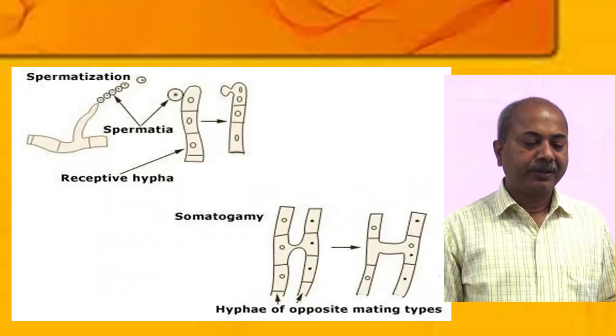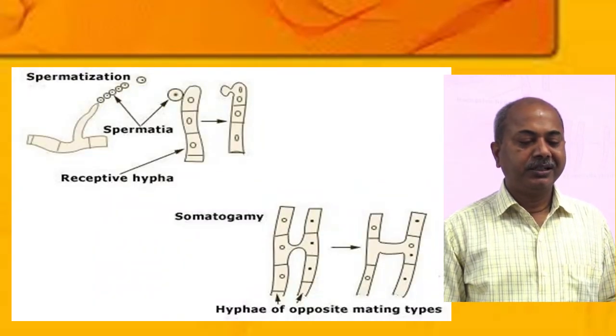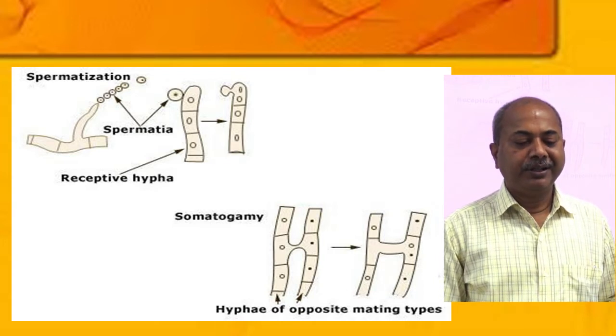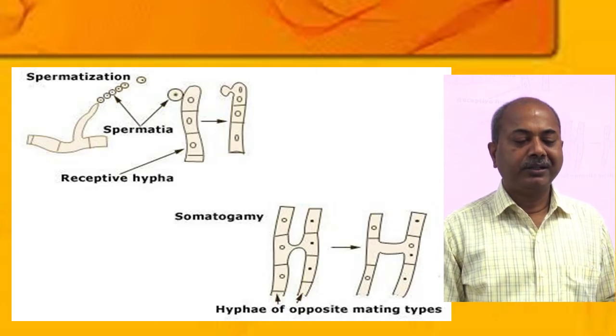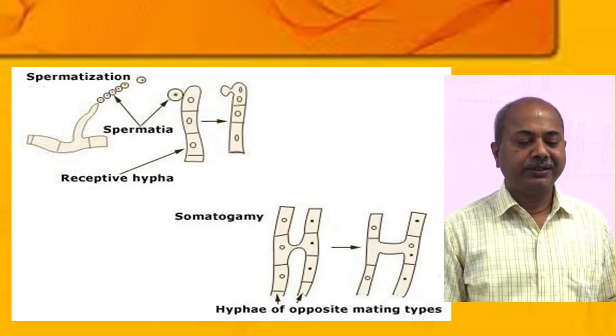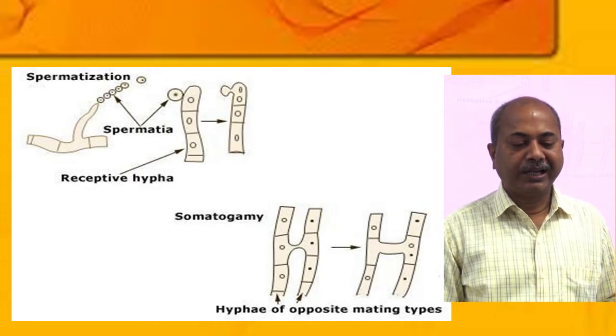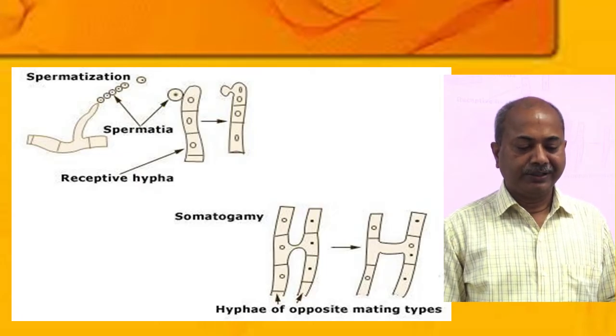You can see the spermatia reach the receptive hyphae and at the point of contact the walls get fused and the nucleus passes into the receptive hyphae and thereafter dikaryotization occurs in the cell.